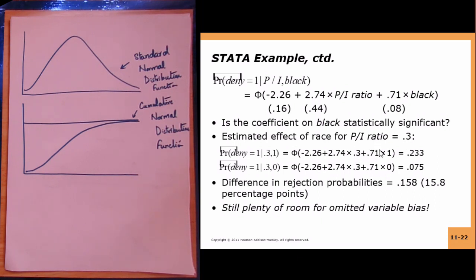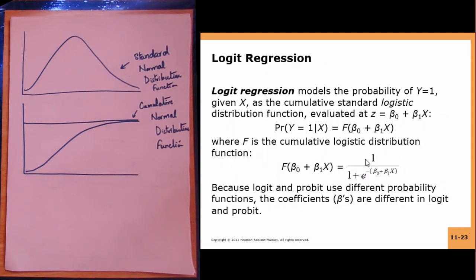Here we are keeping the PI ratio constant at 0.3, and we are just changing the race variable from 1 to 0. You find that for a black person it is 0.233, and for a non-black person it is 0.075. So the difference in rejection probabilities is 0.158, or 15.8 percentage points. There might still be room for omitted variable bias.